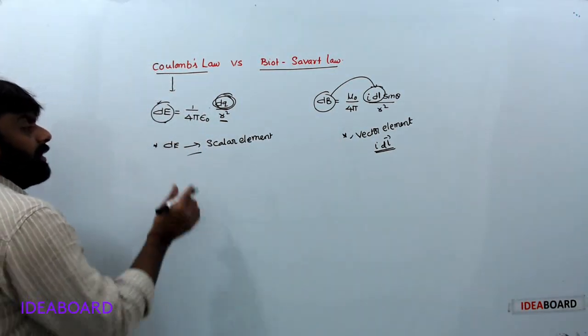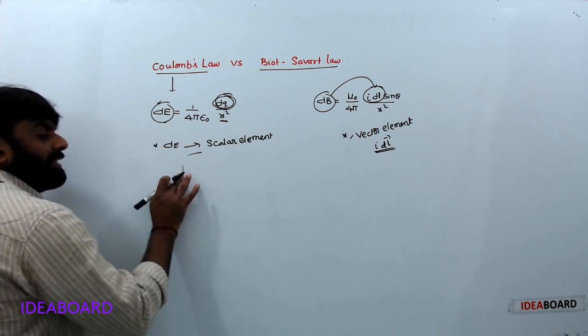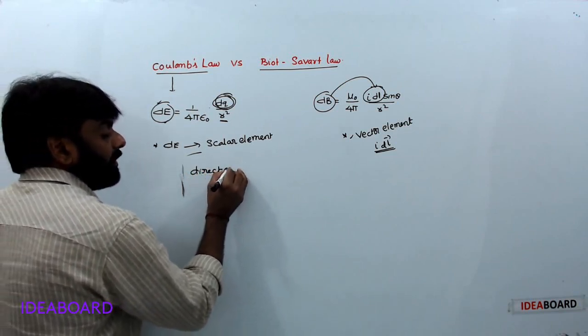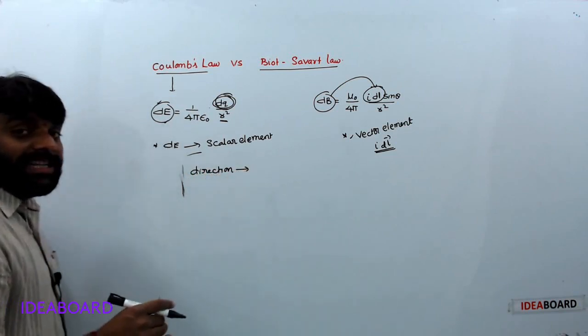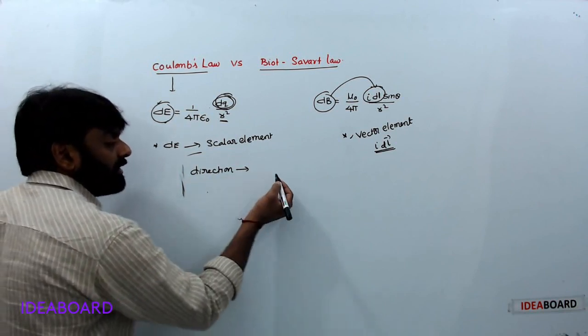Next one. Here the field direction is along the displacement vector from the source to the point where you want the field intensity.